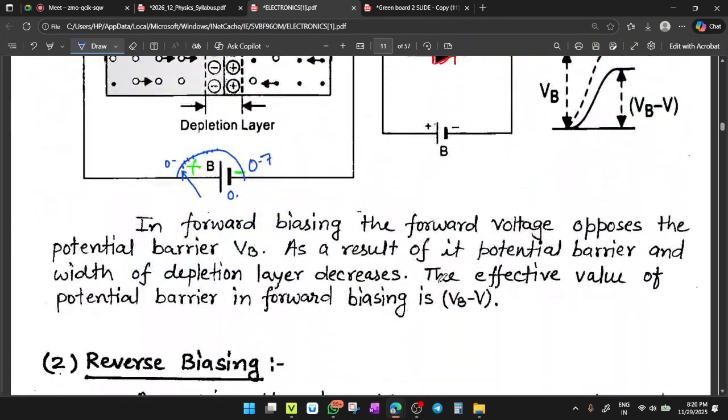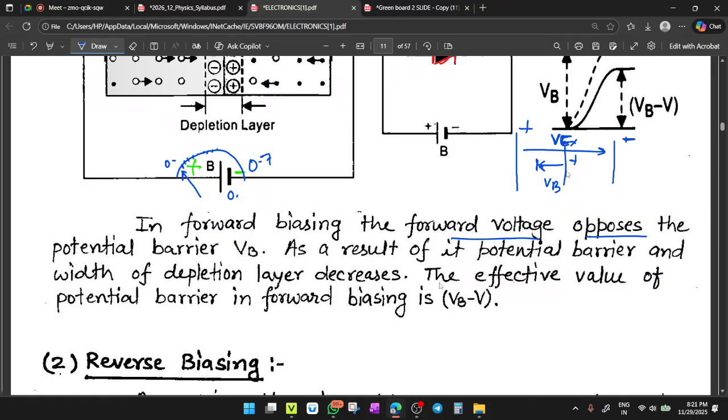See here, in forward biasing, the forward voltage opposes the potential barrier VB. The potential barrier VB is in the opposite direction, positive here and negative here. This is your potential barrier VB, and the outer voltage you have applied is positive on this side and negative on this side. Clear or not clear? So your external voltage will be in the opposite direction.